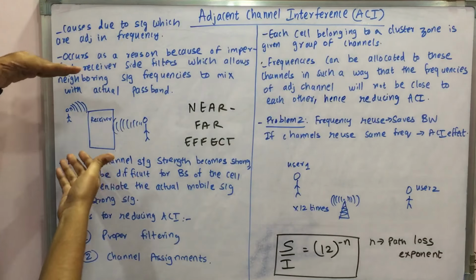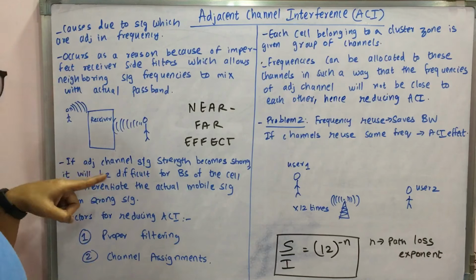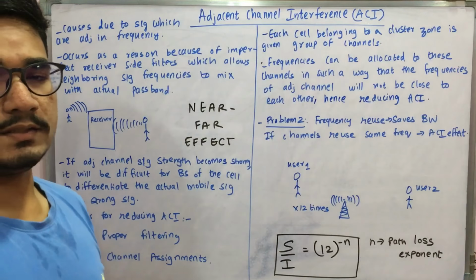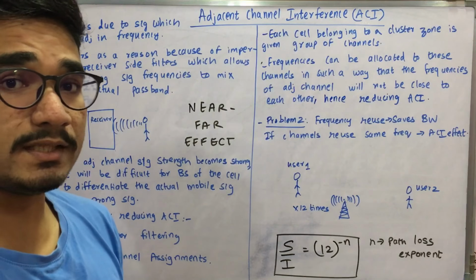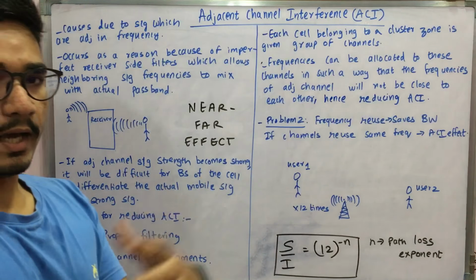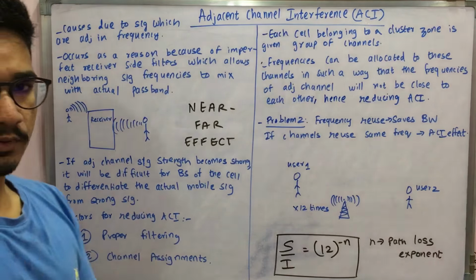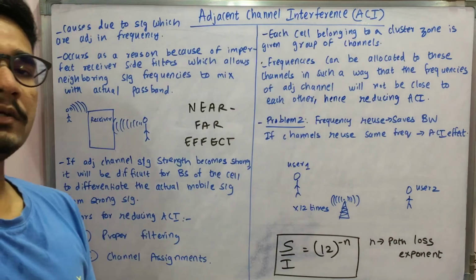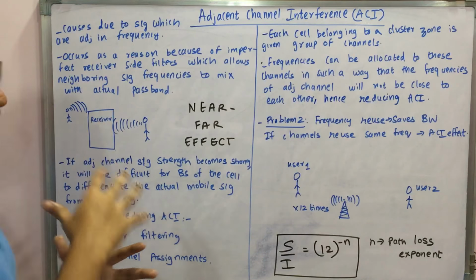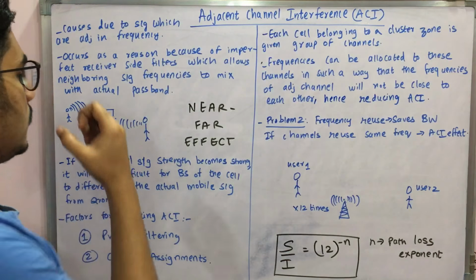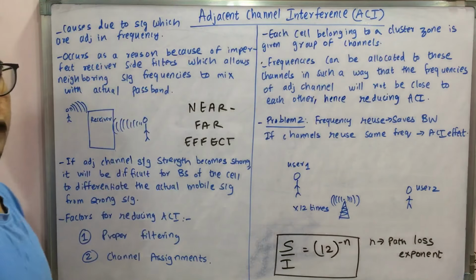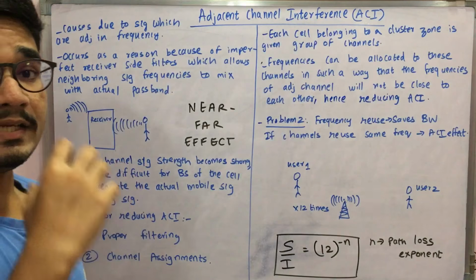So it's like we have some setup like this. This is a receiver, and a user is transmitting his signal to this receiver. If there are some other users around at some distance from that receiver, and they are also transmitting to some other receivers, this receiver will try to pick up the signals which are very near to it, and so you get a problem called the near far effect.